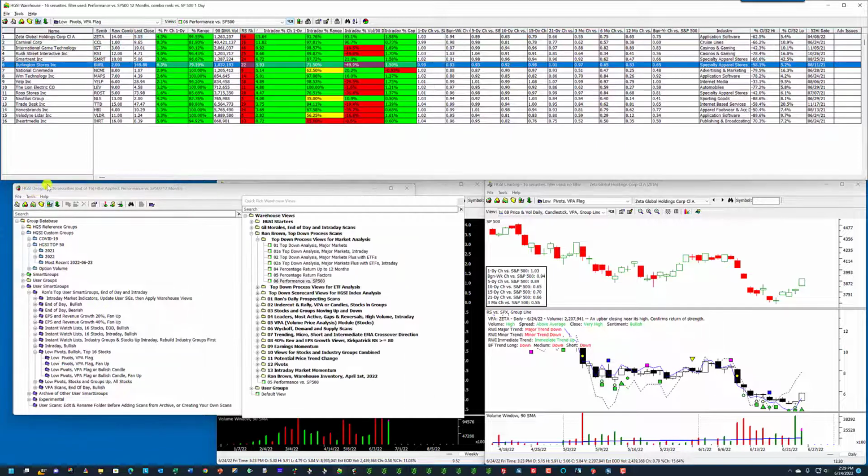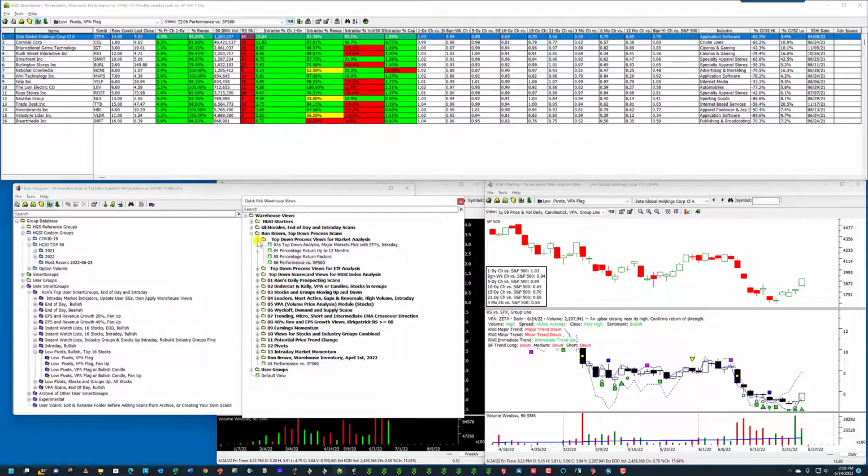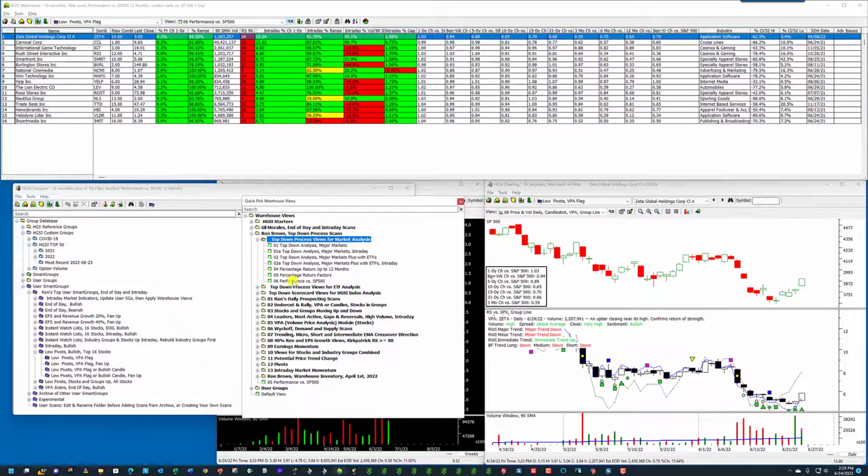And I'm going to transfer this up here to this view, which I'm including in my top-down process views for market analysis, and it's number 6, performance versus the S&P 500.